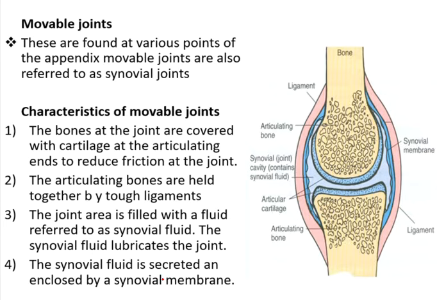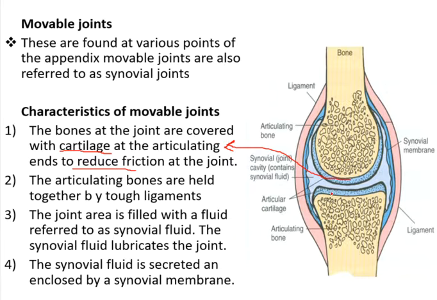Characteristics of movable joints. Number one, the bones at the joint are covered with a cartilage at the articulating ends to reduce friction. And this is the cartilage we are talking about.